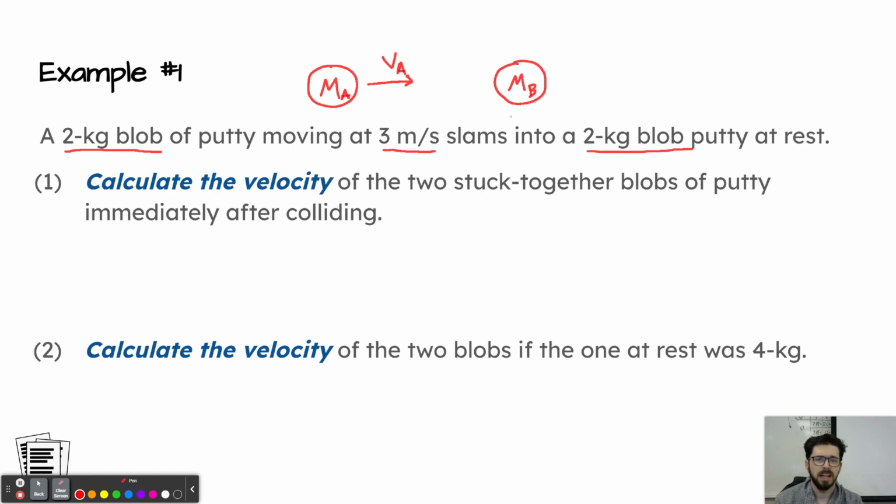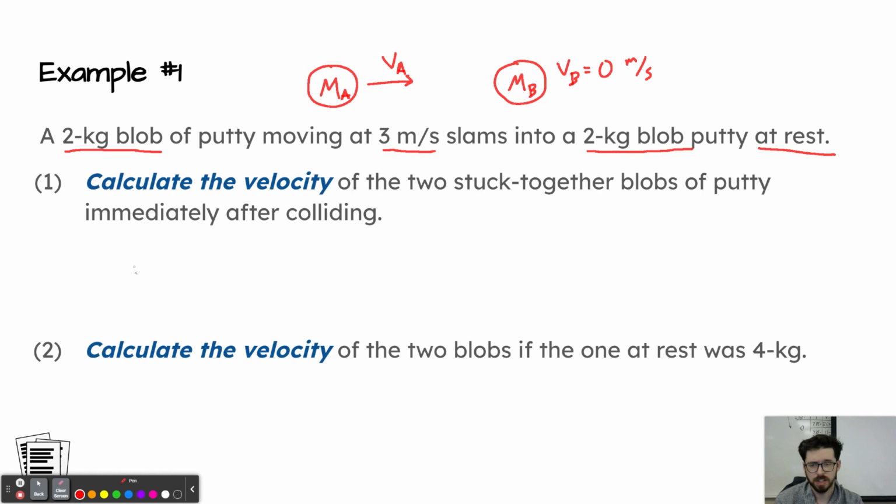This is going to have zero velocity, so we'll say VB is equal to 0 meters per second, because I want to emphasize at rest, right? Let's see what happens when we construct that diagram over here.